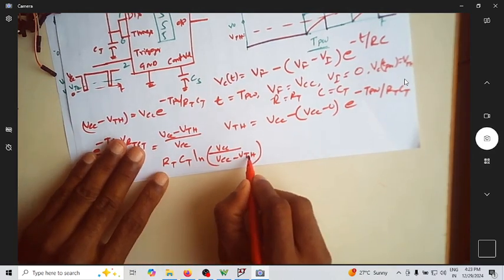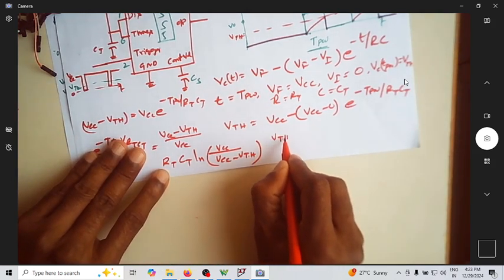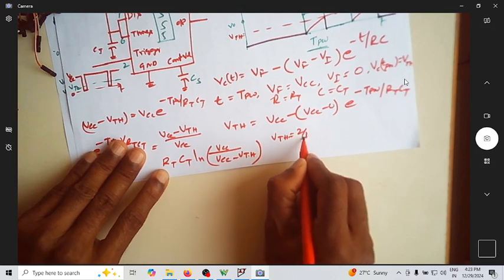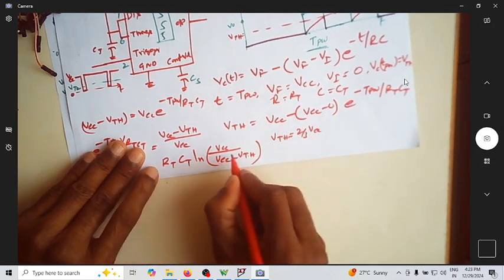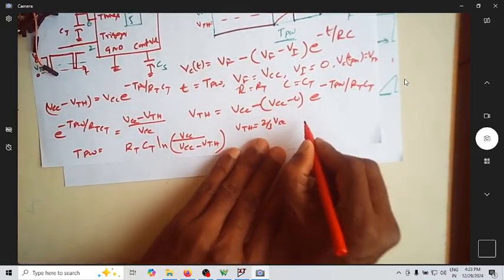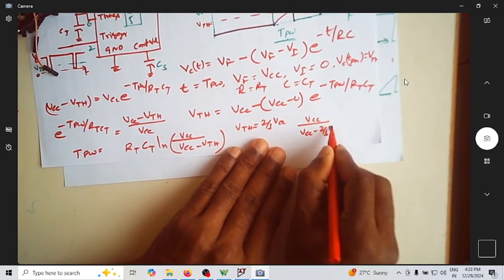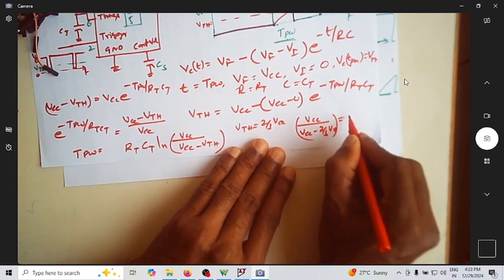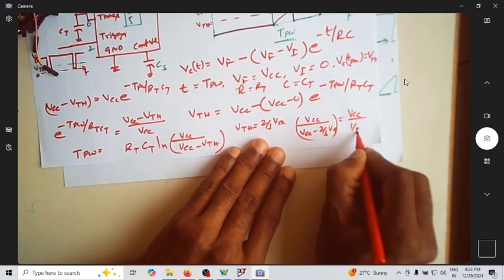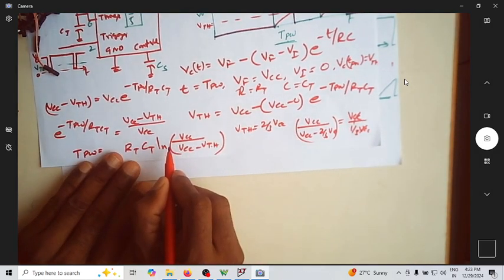Since we know the relationship between VTH and VCC, VTH is equal to 2/3 of VCC. So this is VCC by VCC minus 2/3 VCC, which becomes VCC by 1/3 VCC, which is ln of 3.